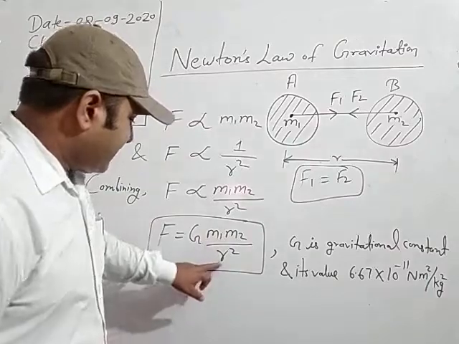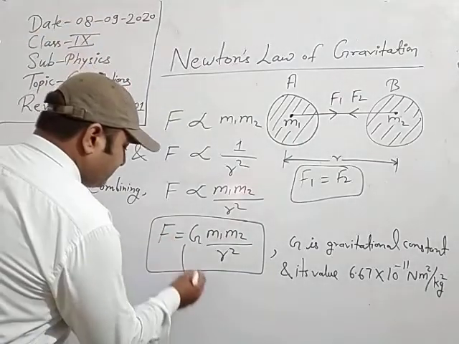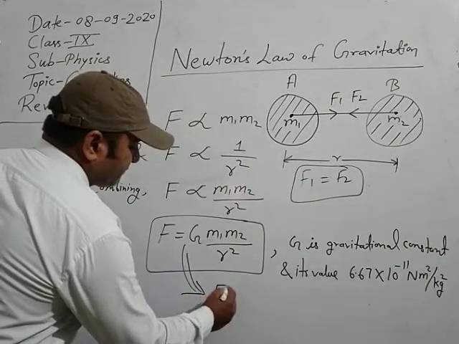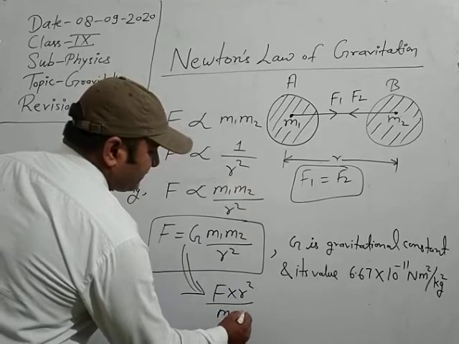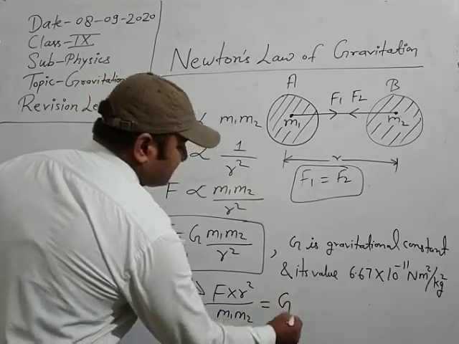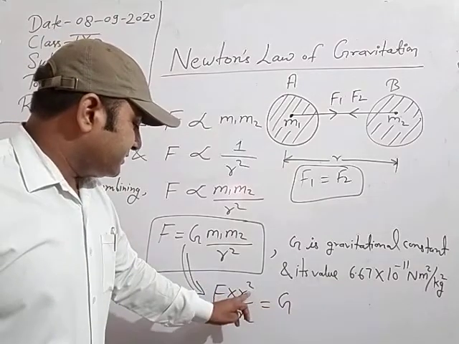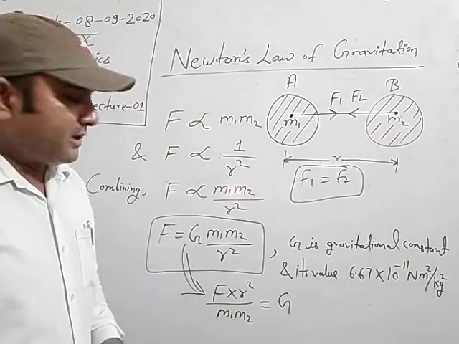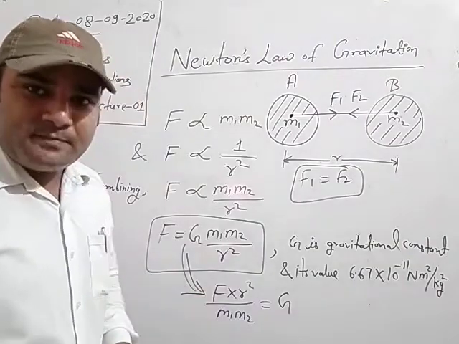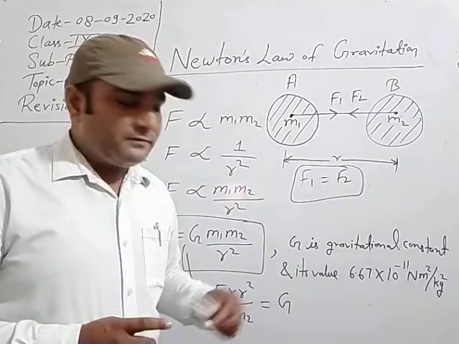Then just multiply this r square with F, so F into r square upon m1 m2 is equal to capital G. It means the unit of G is Newton meter square upon kilogram into kilogram, that is kilogram square. Whenever the formula concept is clear, then you can estimate the unit and the value.